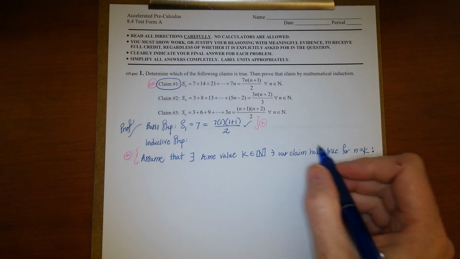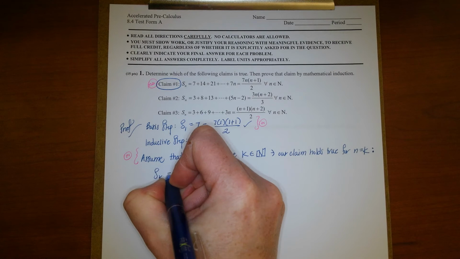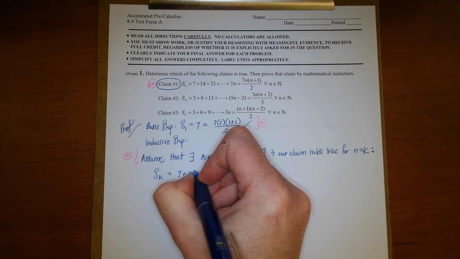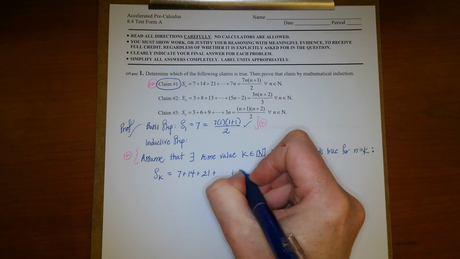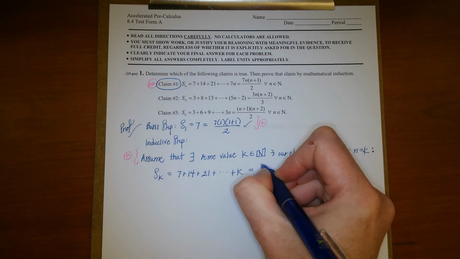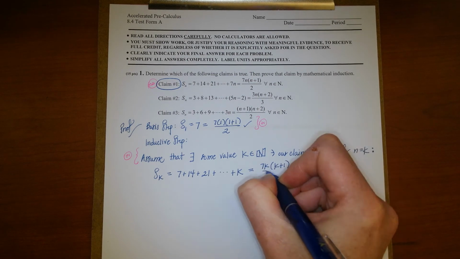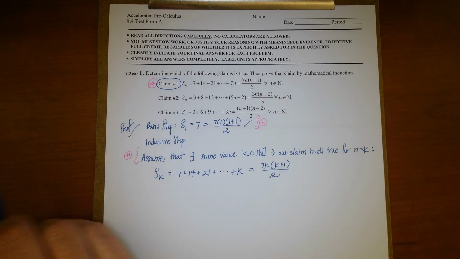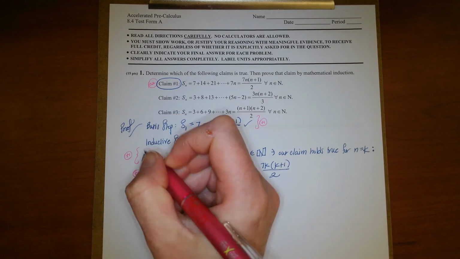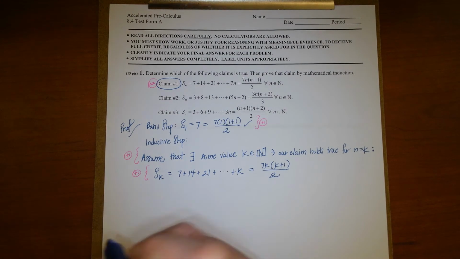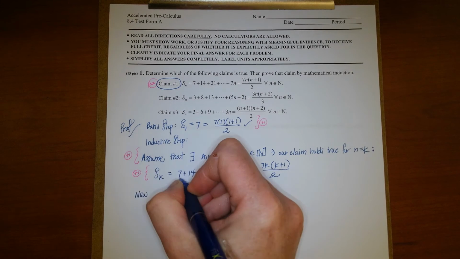Okay, now let's be clear as to what our claim is. So our claim is that the sum of the first k terms, which is defined as this, our claim is that you could use this formula to get the sum instead of doing the term by term. There we go. Okay, 1 point for that line. Next line. So that's the end of the assumption piece.